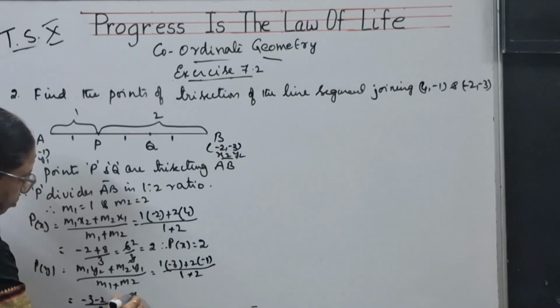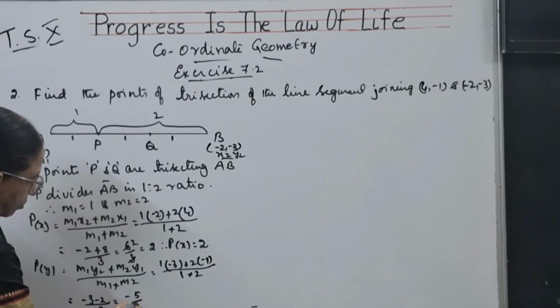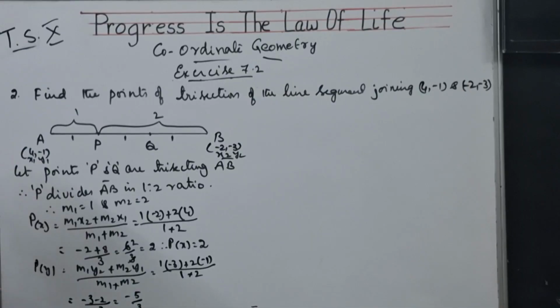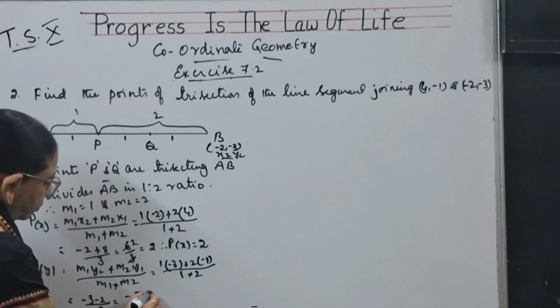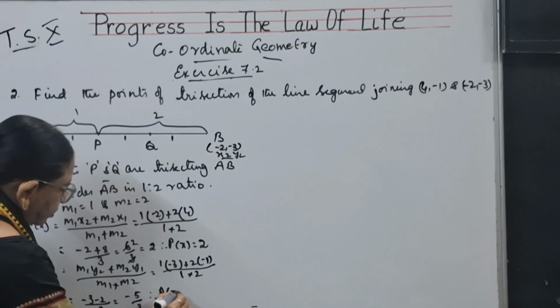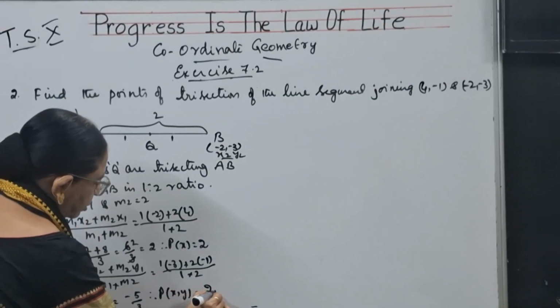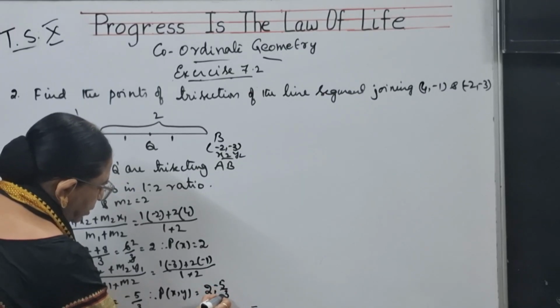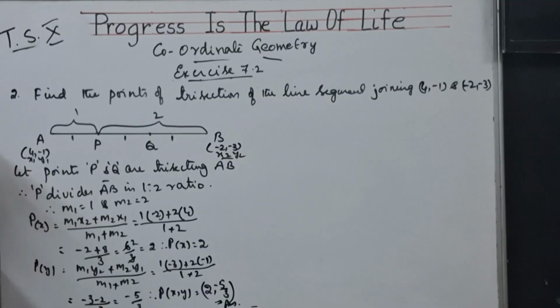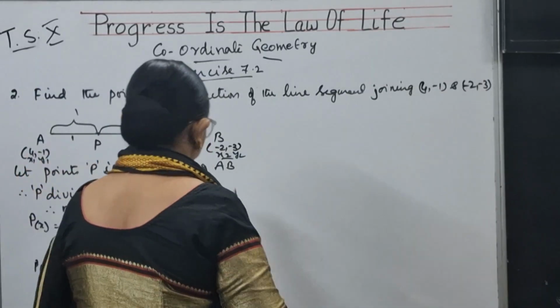That is minus 5 by 3. So you are getting P of x comma y. Therefore, P of x comma y is equal to 2 comma minus 5 by 3. Coordinates of P is 2 comma minus 5 by 3.